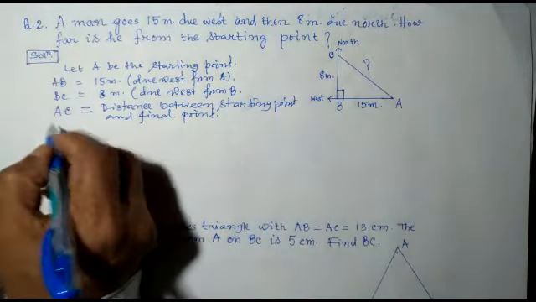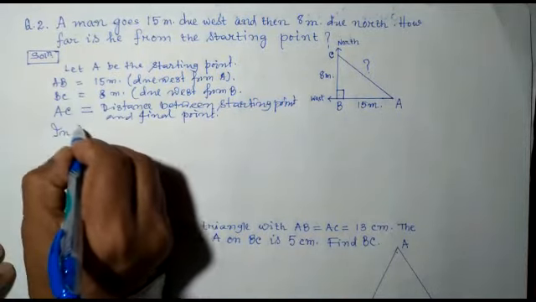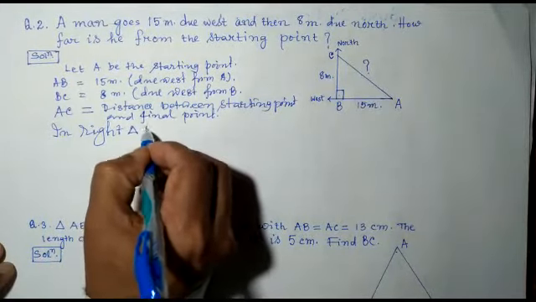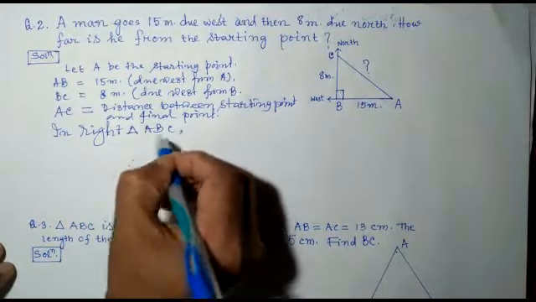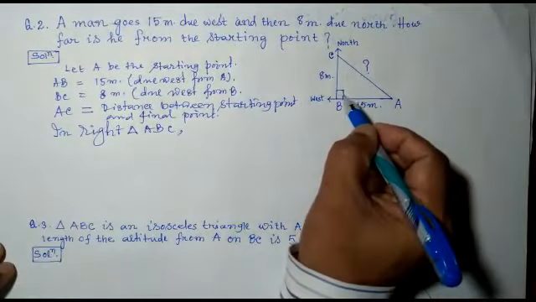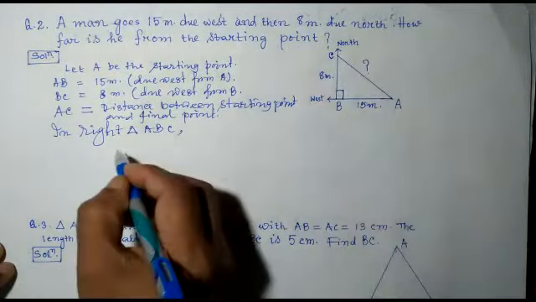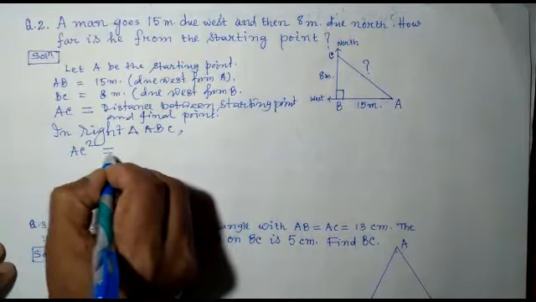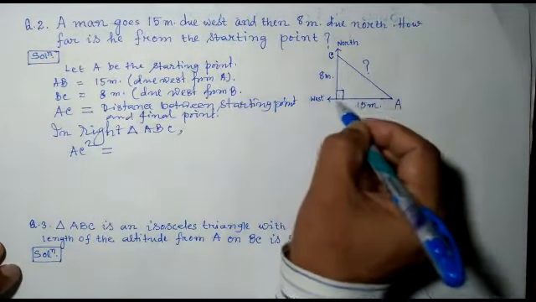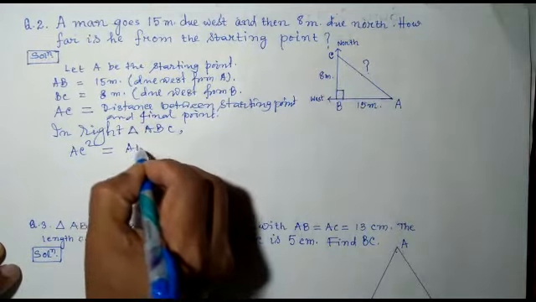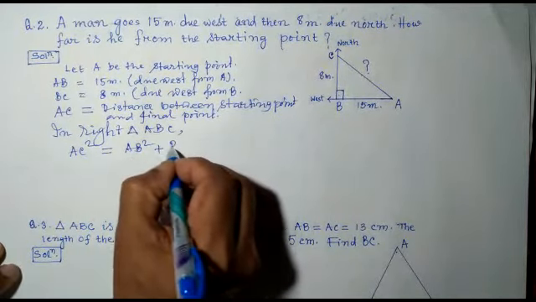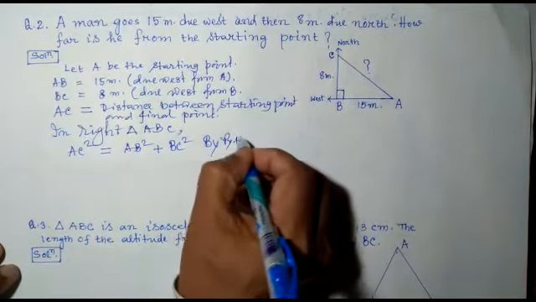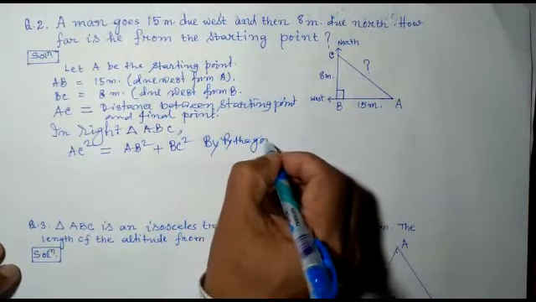So in right triangle ABC, this is the right angle, then AC is the hypotenuse. So we can say AC square, the square of the hypotenuse, is equal to the sum of the squares of the other two sides, AB and BC. So AB square plus BC square by Pythagoras theorem.